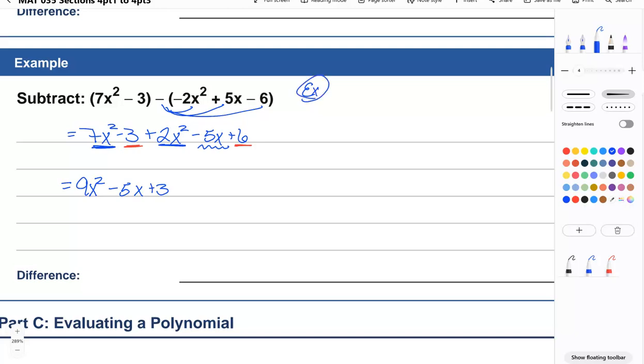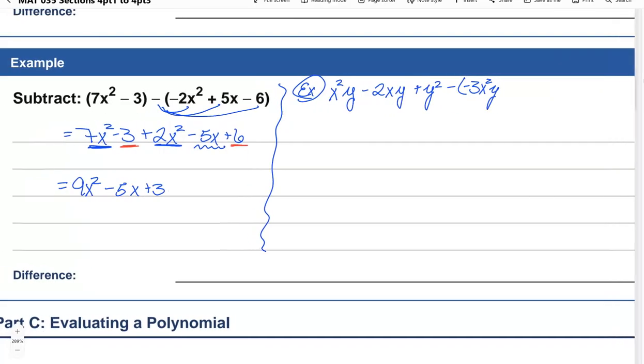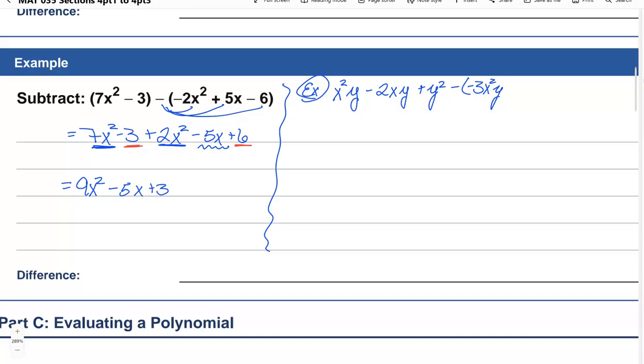So let's do one more example. What if we had x squared y minus 2xy plus y squared minus negative 3x squared y minus 2xy minus 7y squared.